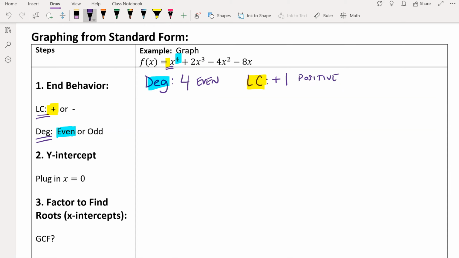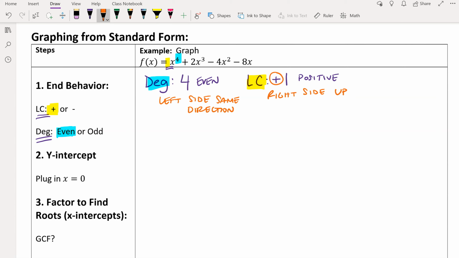Okay, the leading coefficient tells us about our right side. So I'm going to go ahead and write right side, or sorry, right side up. Positive means right side up. And then the degree tells us about the left side. Left side. And even means same direction. So same direction as the right side.